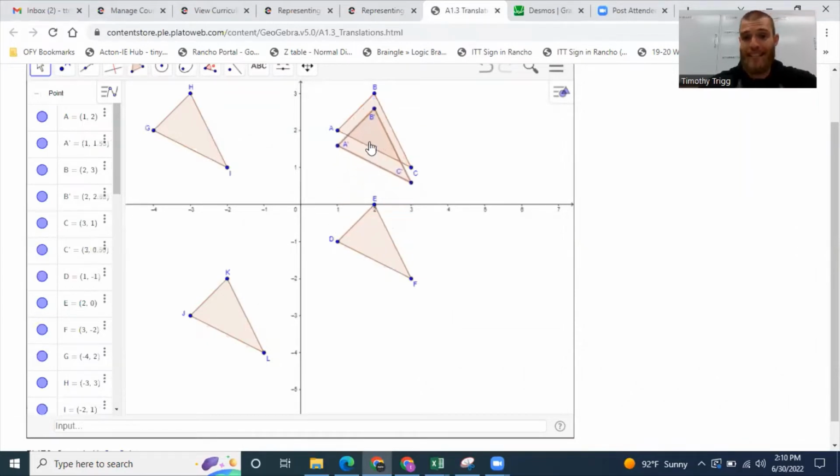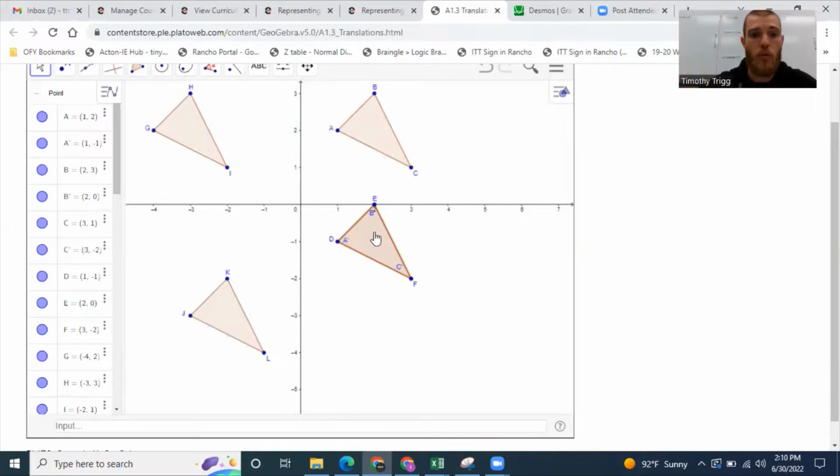Well, I would move it downward, right? So I would move it downward to make it coincide with that. Notice how I can move one triangle perfectly on top of the other triangle. That shows me that the 2 triangles are congruent, which makes sense because if they're the same size, same shape, congruent, they should be able to land or coincide perfectly on top of each other.